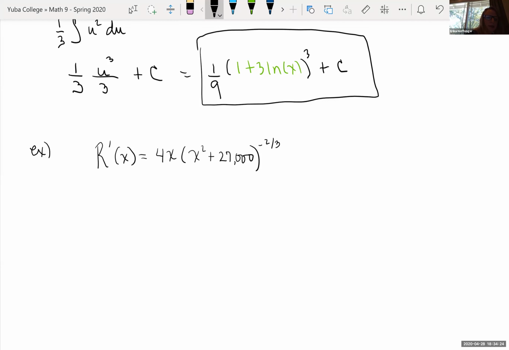Part A: R of x is the revenue in thousands of dollars from the sales of x MP3 players, where x is the number in thousands of MP3 players.